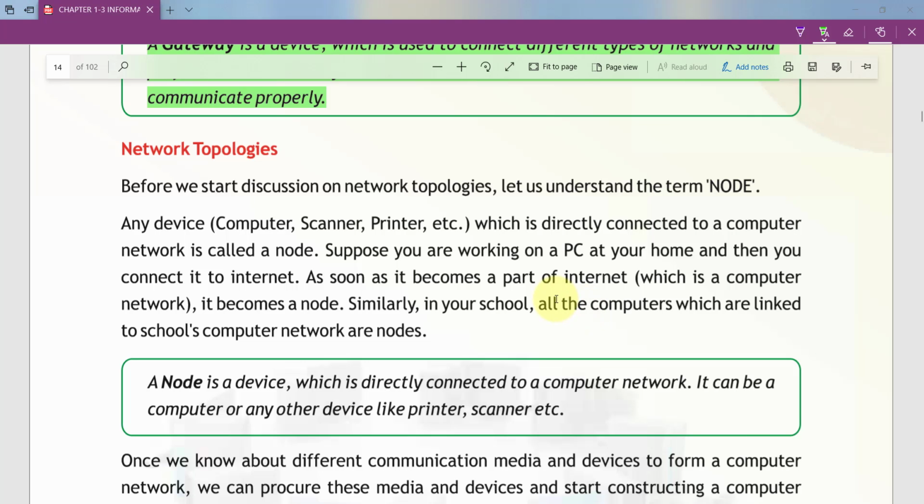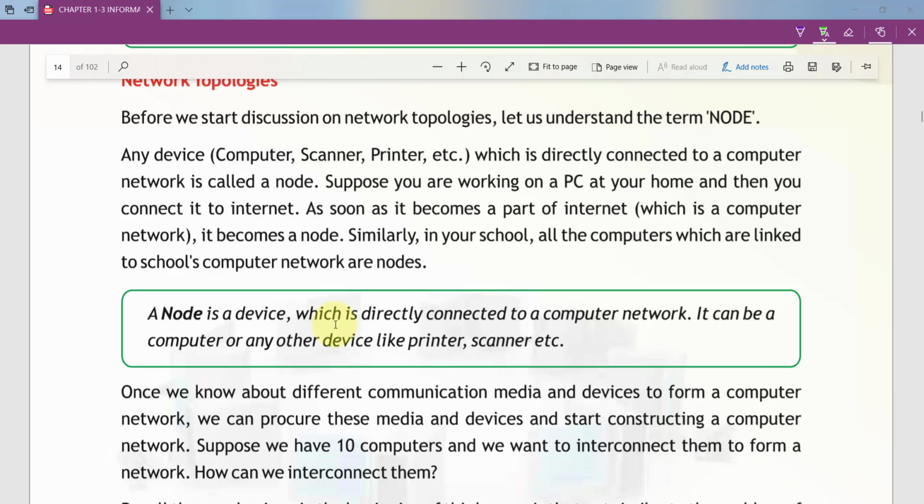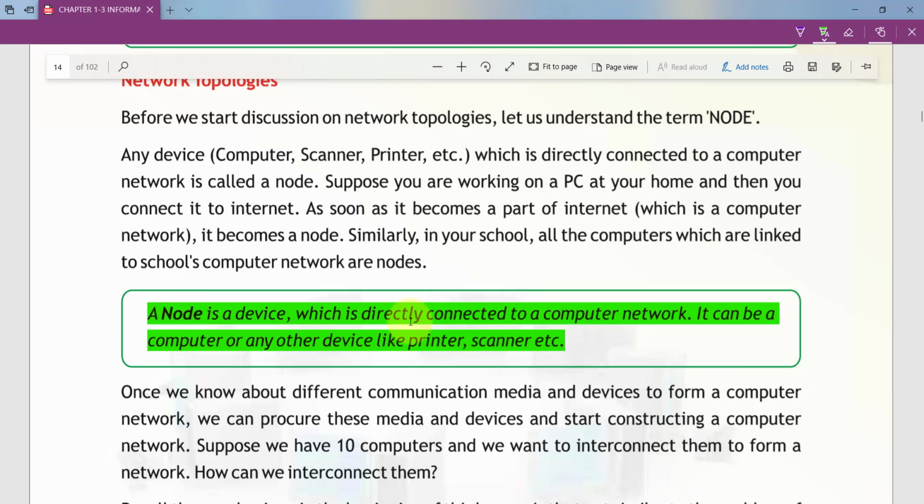What is a node? A node is a device which is directly connected to a computer network.